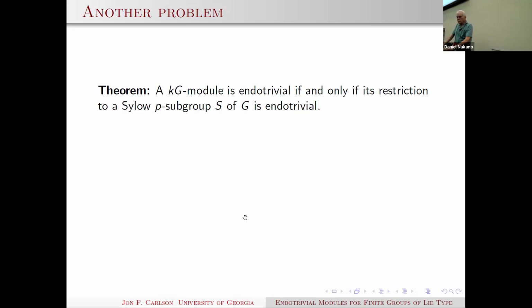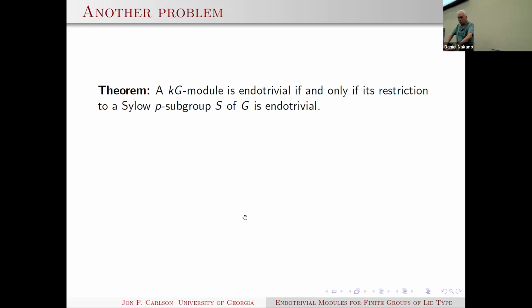And so in most cases, when you restrict to the Sylow subgroup, if the Sylow subgroup isn't of that type, where it's cyclic or quaternion or semidihedral, then the only endotrivial module that you're really interested in is the trivial module, if you're looking at the torsion part. And so that's basically the story.